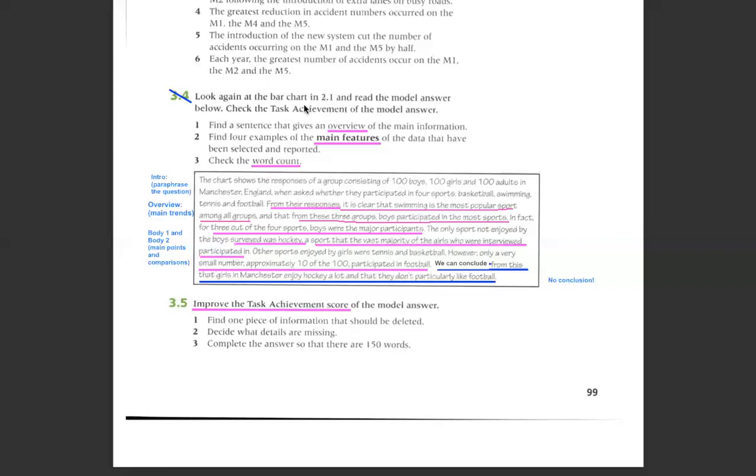Let's have a look at these 3 questions quickly. Can you find one sentence? So I want you to quickly read this. Can you find one sentence that should be deleted, taken away? So quickly just scan this and tell me which sentence should be deleted.